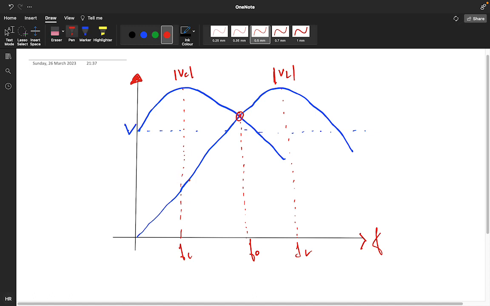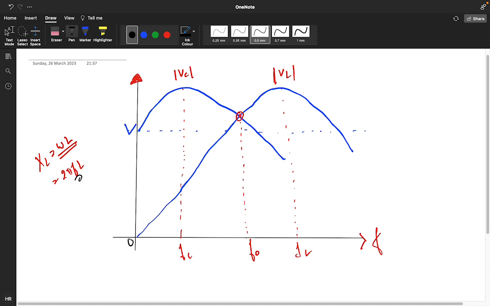What is the meaning of this? See, if you have a zero frequency, what is XL? XL is omega into L, and omega is 2 pi f. So if you substitute zero, XL becomes zero, so the voltage will become zero.